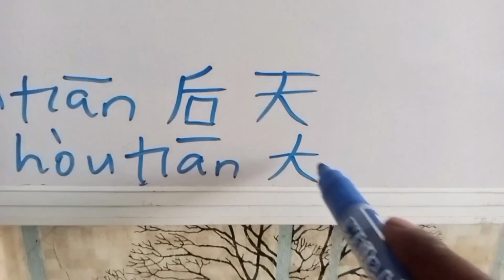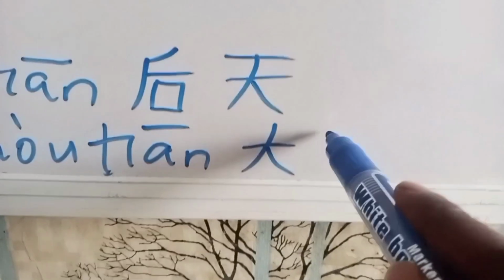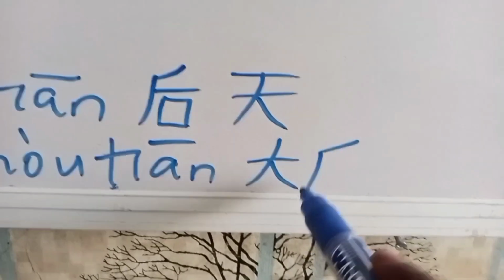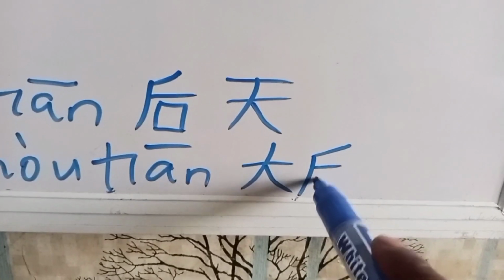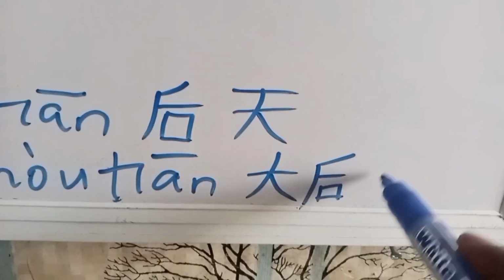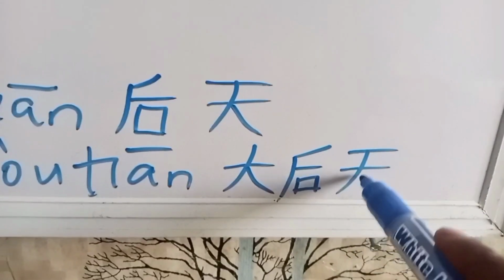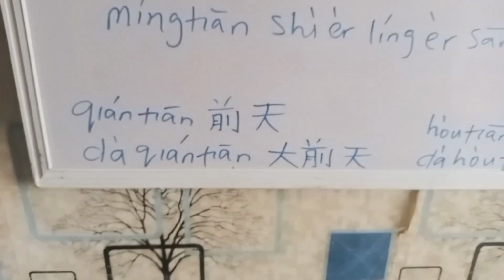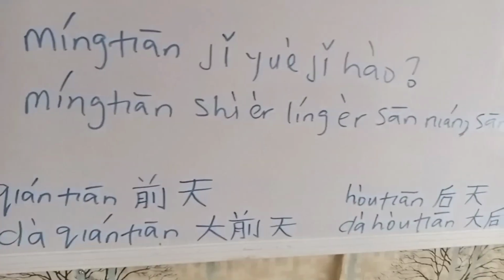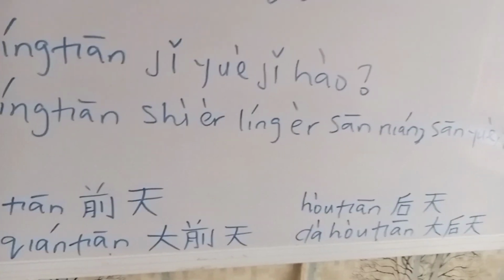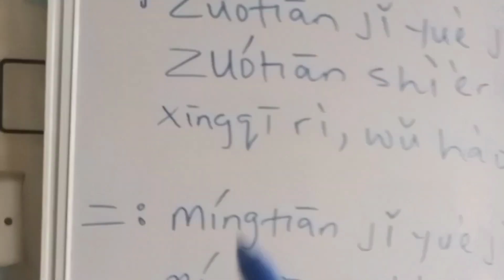This is 大后天. The whole we just wrote now. 后天, 大后天. So this is it. 前天, 大前天, 后天, 大后天. So let's write these characters.